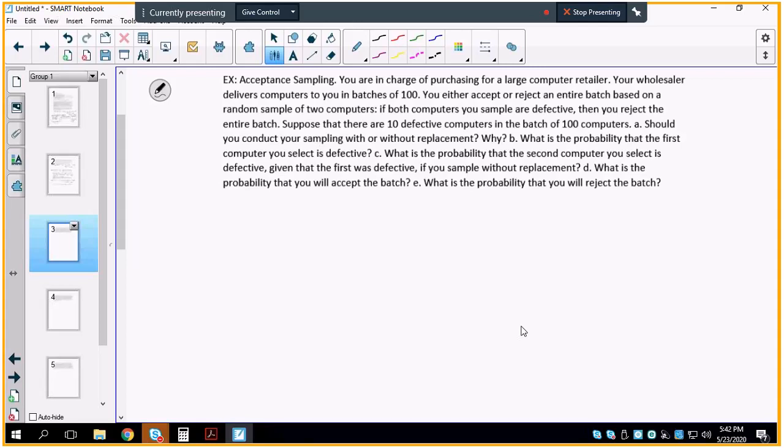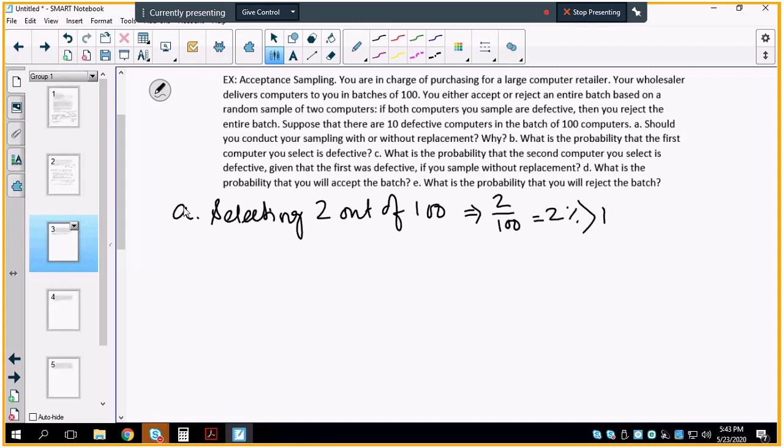So how many are you selecting? You are selecting 2 out of 100. So that is 2 over 100, so equal to 2%, and that's more than 1%. So according to the 1% guideline, because my sample size is more than 1%, I have to do this selection.